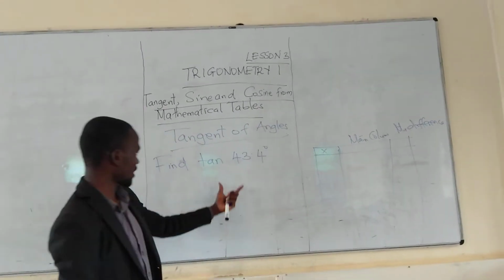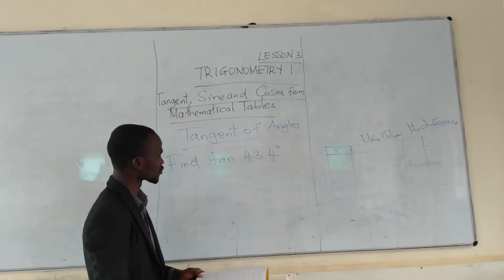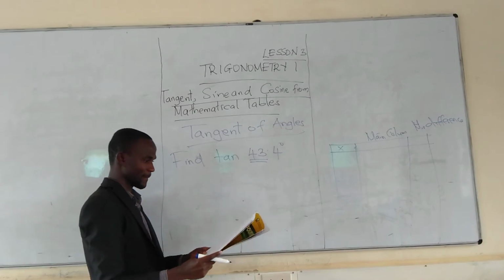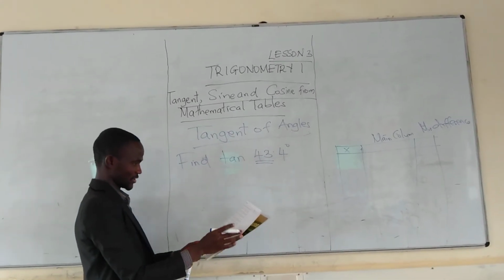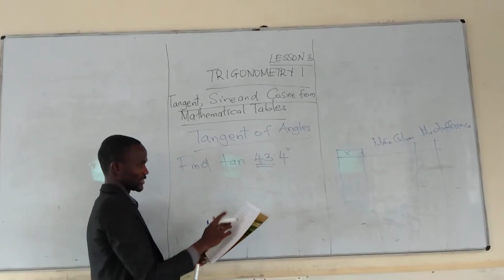Now, for our 43.4, we simply go to row 43, where we have the x column, and then we go across to 0.4.